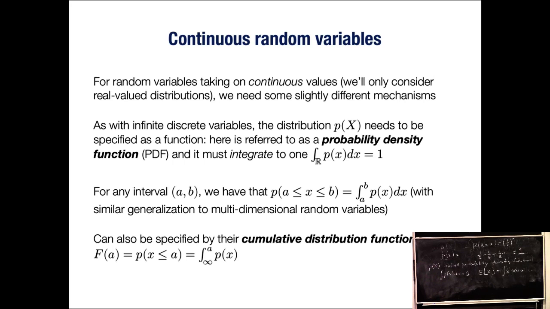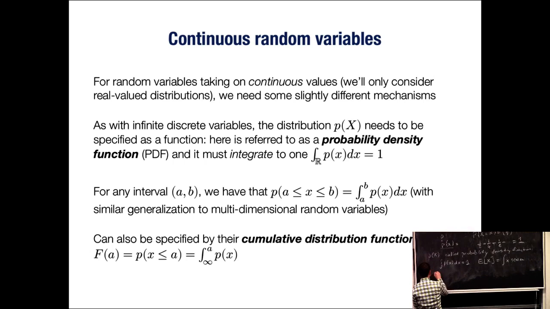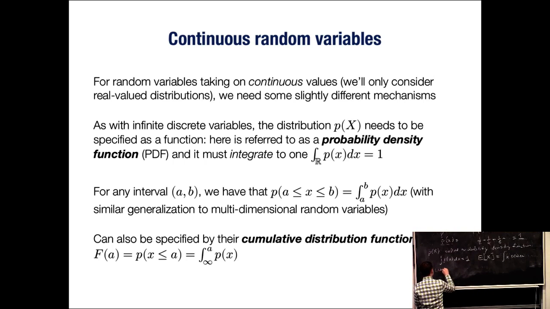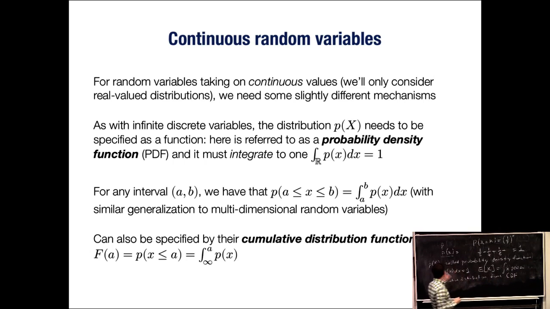The other thing that might be useful to know is something called the cumulative distribution function, or CDF. It's important that this is called the probability density function, and this is the cumulative distribution function, so the d there is different. There's no such thing as a cumulative density function or a probability distribution function.